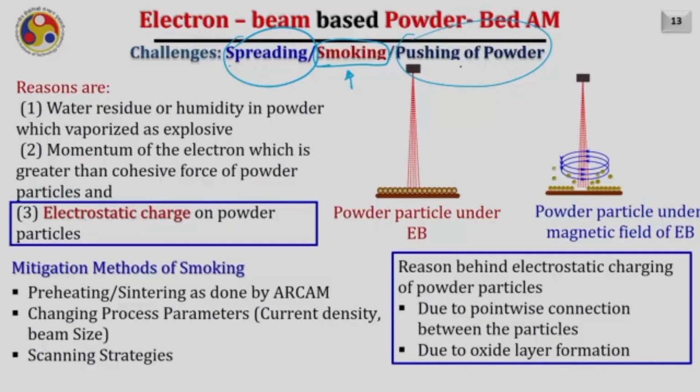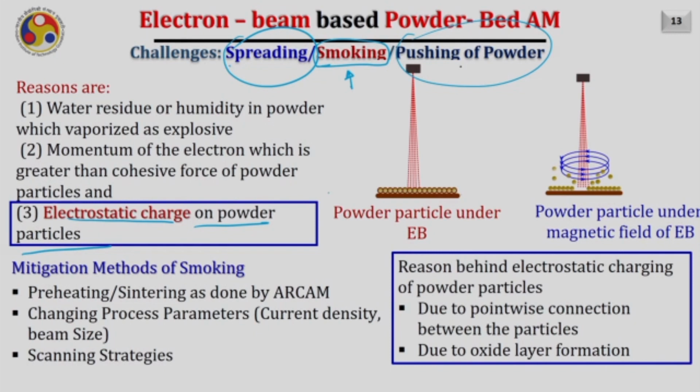When the beam strikes, this moisture in the particle explodes, and as a result the particle also moves here and there. Another reason could be the momentum of the electrons itself. However, the mass of the electron is very low, and this reason is not very dominant in smoking. The third possible and most dominant reason for smoking is the electrostatic charge on the powder particles.